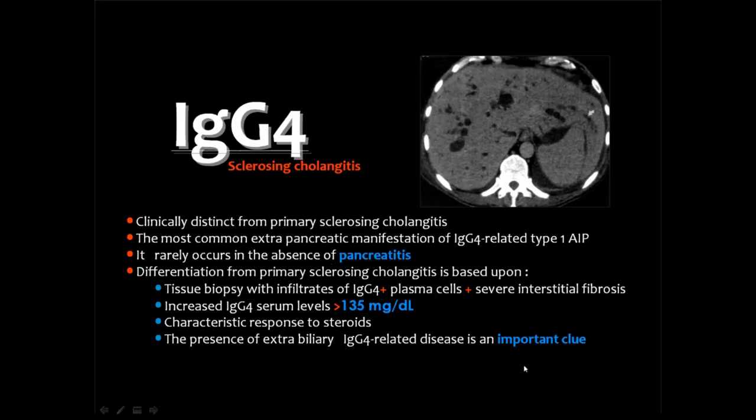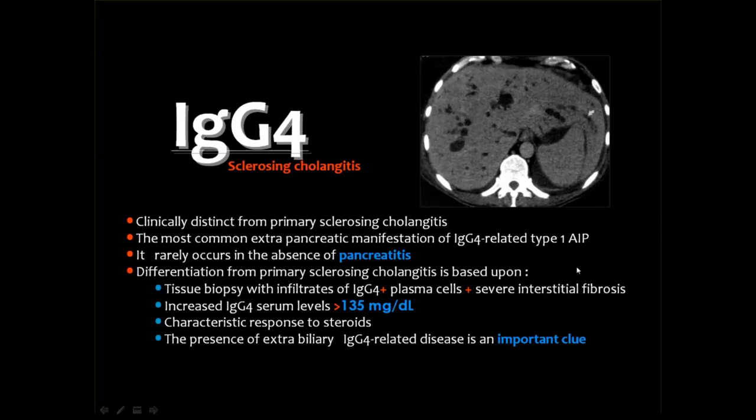Then, if you see the previously mentioned classic features of autoimmune pancreatitis, it's easy for you to diagnose this as IgG4 sclerosing cholangitis. Actually, without the history, without the presence of autoimmune pancreatitis, you see this is a case of cholangitis because you see dilated intrahepatic biliary radicals with beaded appearance and some strictures and some dilatations.